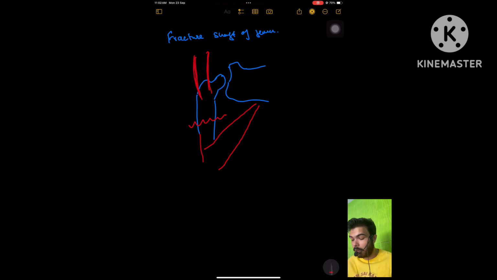So we'll be talking in this regard that the attitude will be flexion, abduction, and external rotation. See this upper portion, it's going outside. I will show you with this diagram, Maheshwari's diagram.